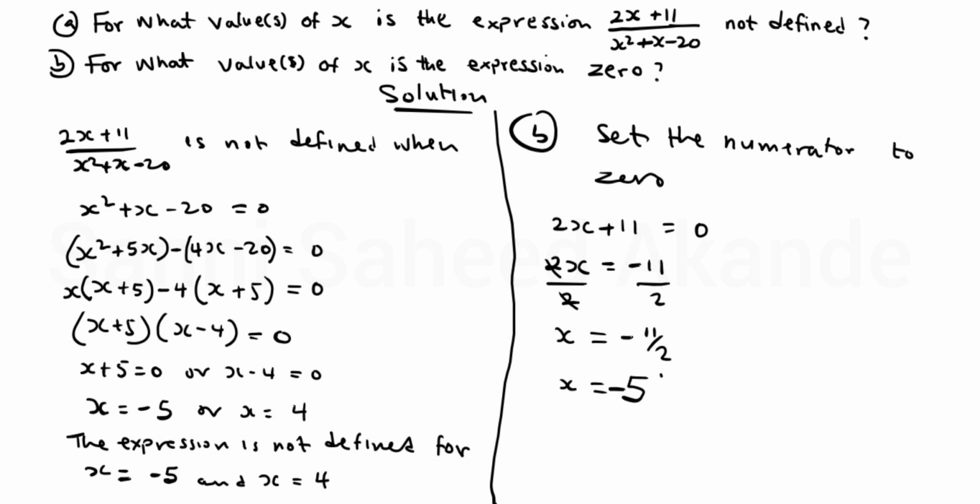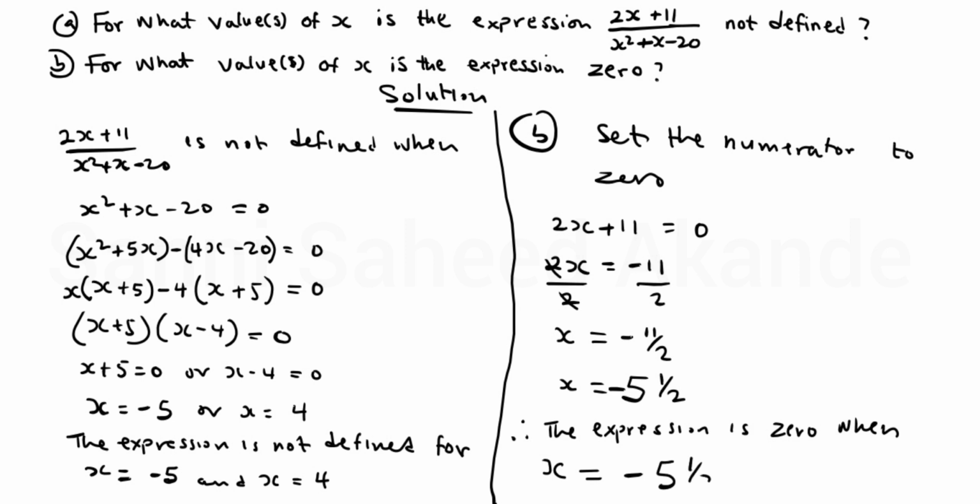So you can also conclude and say therefore the expression is 0 when x is equal to minus 5 whole number 1/2. Understood? So that is how to solve it. Let's quickly look at another example.